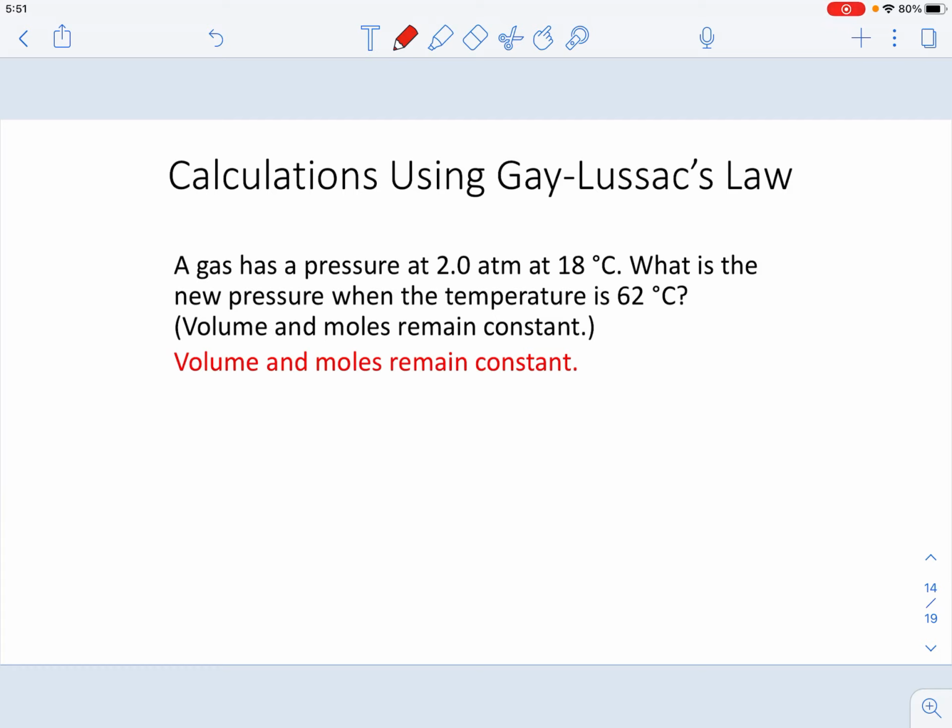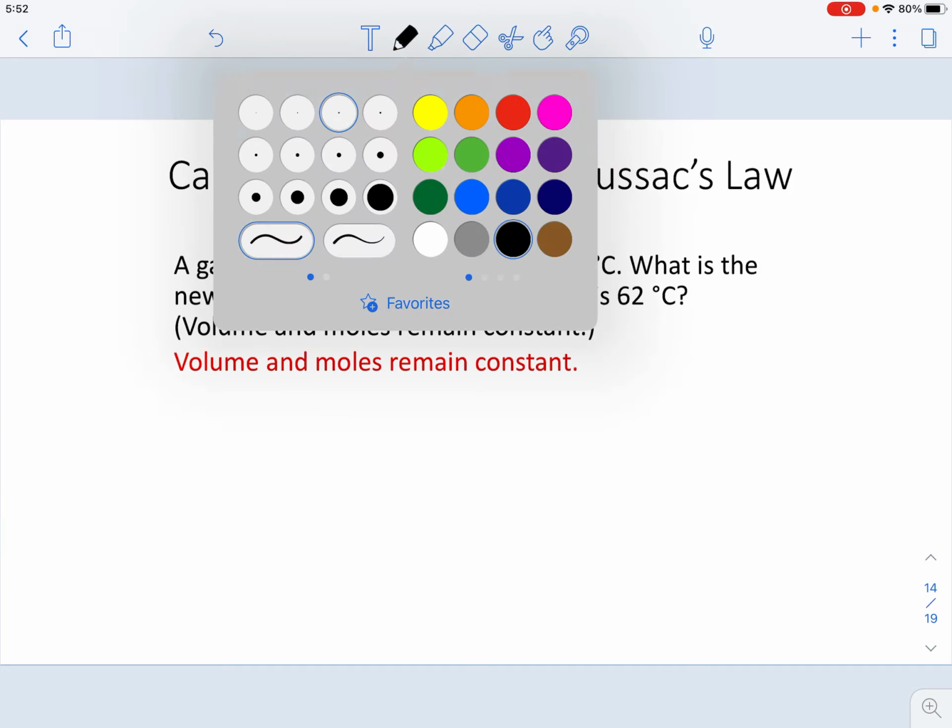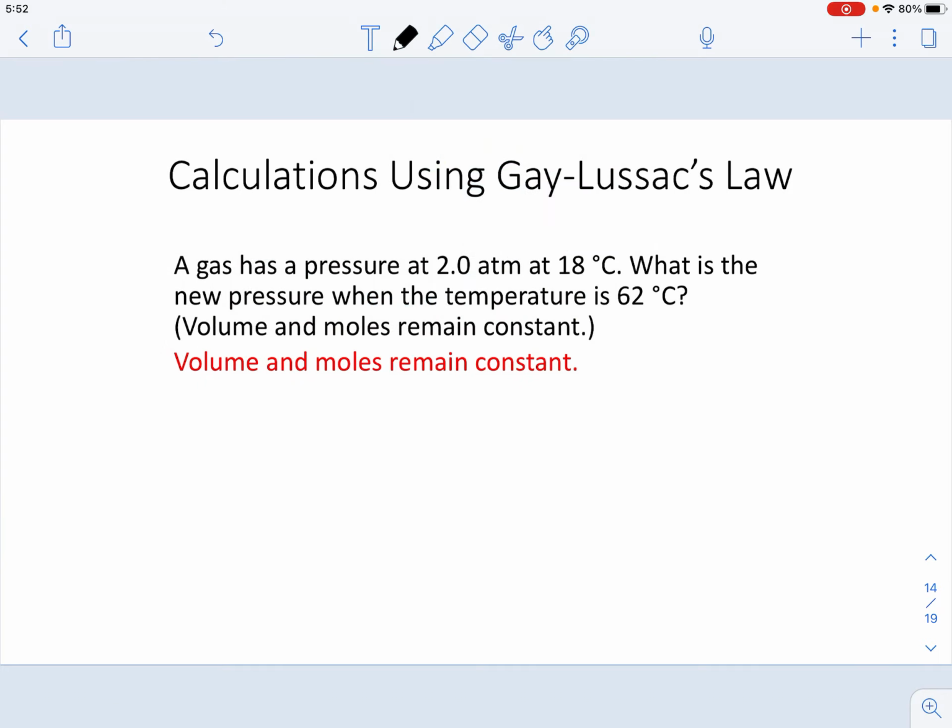Okay, remember that here we are going to have volume being constant and number of moles of a gas being constant. So the first thing that we need to write is the correct equation, which for Gay-Lussac's Law establishes that the initial pressure divided by the initial temperature equals final pressure divided by the final temperature.